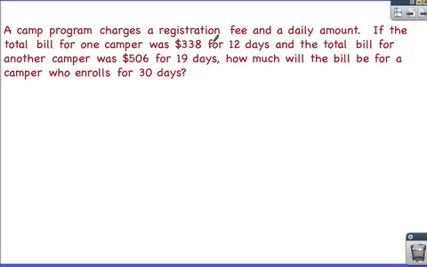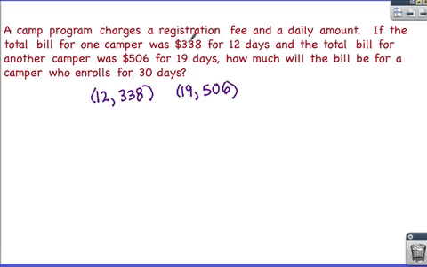Since the total cost of the bill depends on how many days you're enrolled, the total bill cost, $338, is the y-coordinate, and the number of days is the x. So one of the points is (12, 338). Now we also know that the bill was $506 for 19 days. So 19 is our input, and our output is 506.